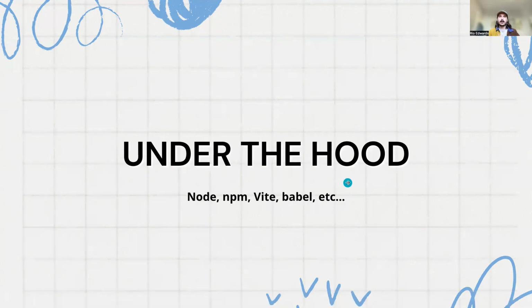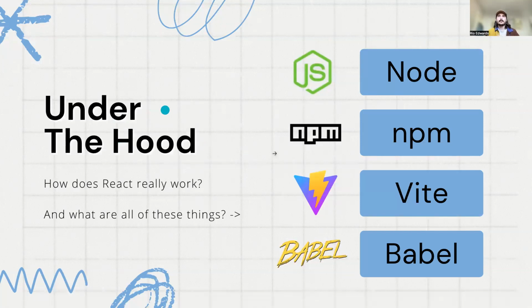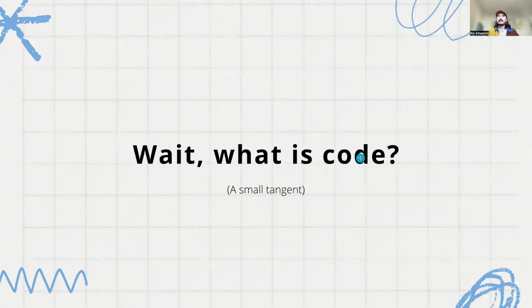Okay. Under the hood, how does React really actually work? And what are all these words? Node, npm, Vite, Babel. Yeah.